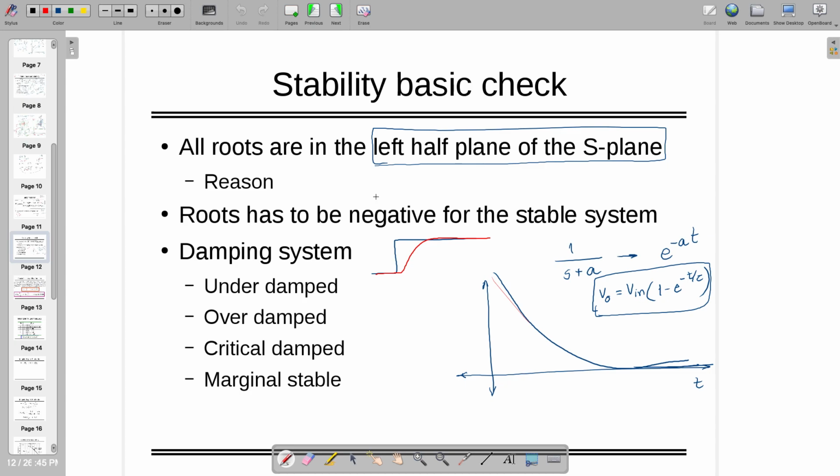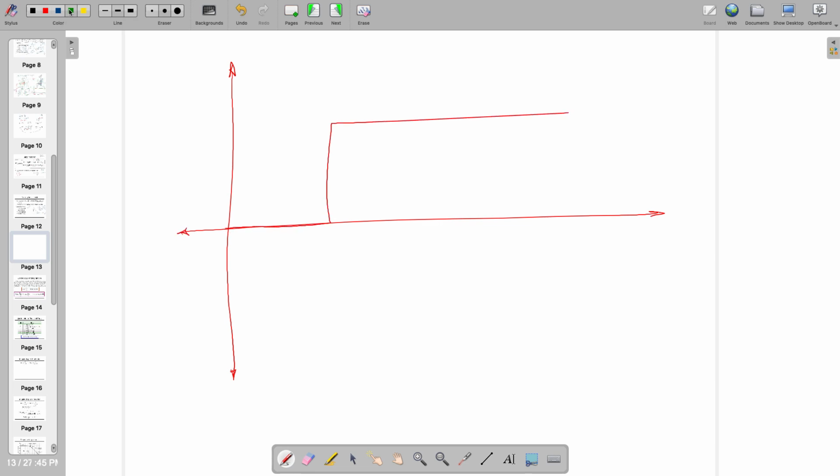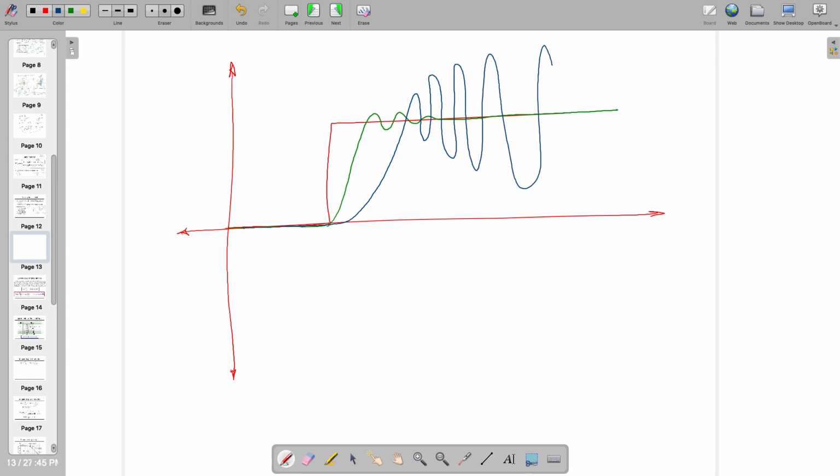So this is the thing, and there are a few definitions of the system. The output may look like this one, or like this one, or you may have an output which looks like this.